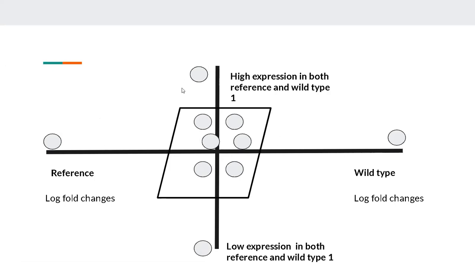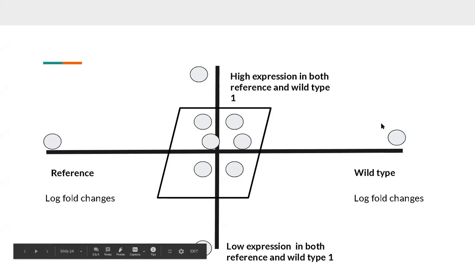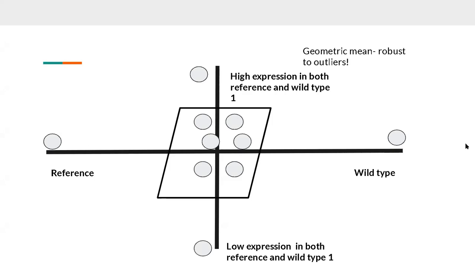Now, the way in which you quantify these genes, either highly expressed or lowly expressed in both the samples, is by calculating something like a geometric mean. If you remember from our mathematics classes, an arithmetic mean is not robust to outliers.